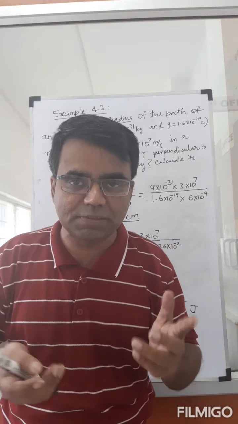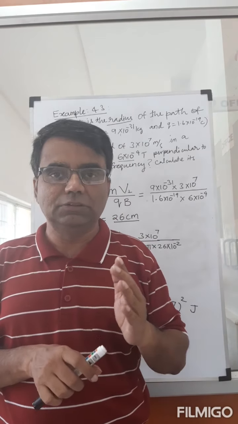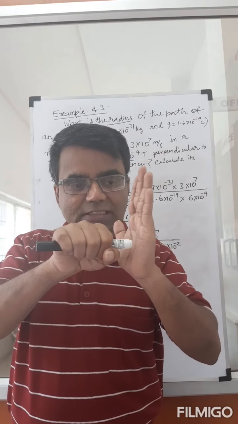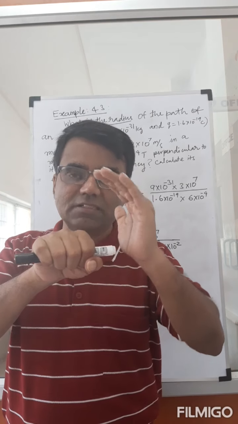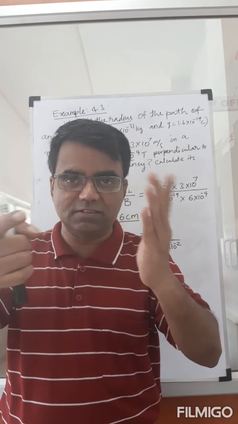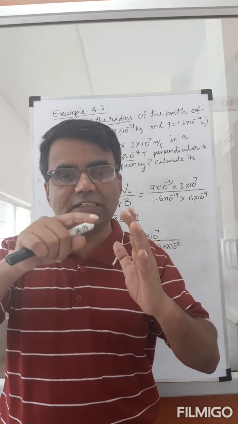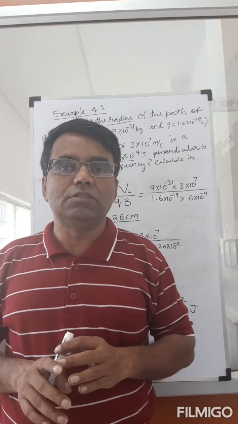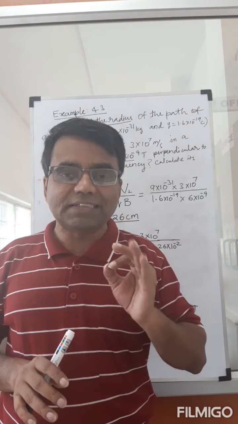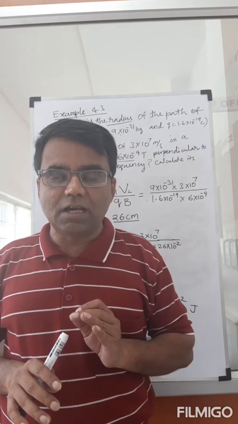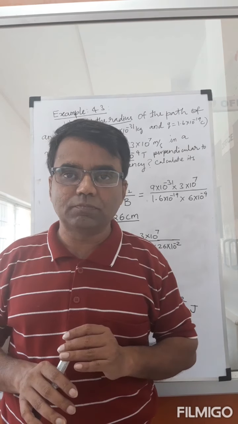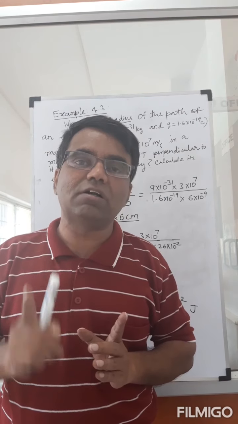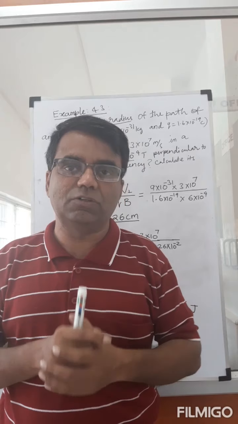Because velocity is nothing but speed and direction. So since this force is acting perpendicular to the motion, it cannot increase the velocity. If it doesn't increase the velocity, the speed doesn't increase, and when the speed doesn't increase, then clearly the kinetic energy will not change. So the magnetic field acting on a moving charge can only change the direction of velocity, but it cannot increase or decrease the velocity.